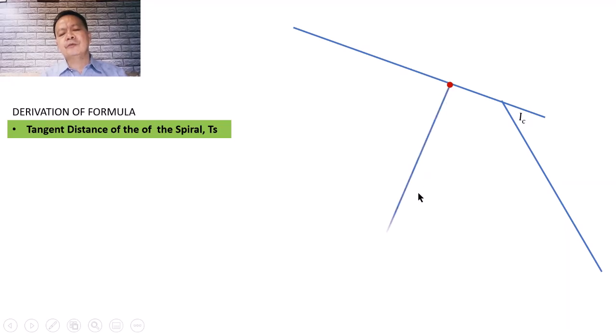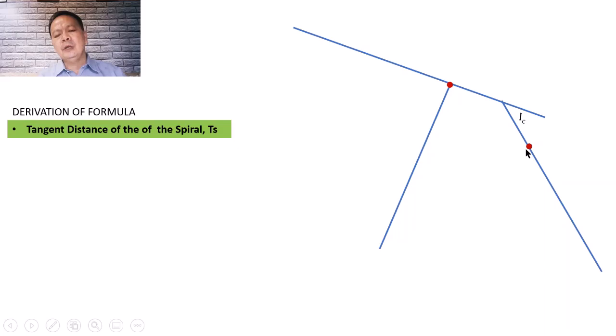So from here, we can draw a perpendicular line so that somewhere here will be located our center of the simple curvature. Similarly, if we have established that this be our PC, then somewhere here shall locate our PT of the simple curvature, which will later on be changed to another term when it is joined by the spiral transition curve.